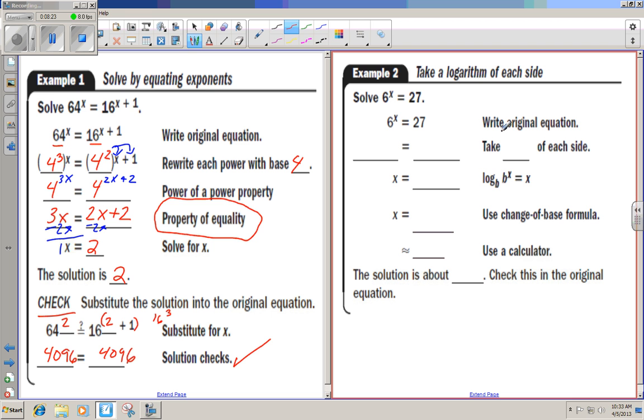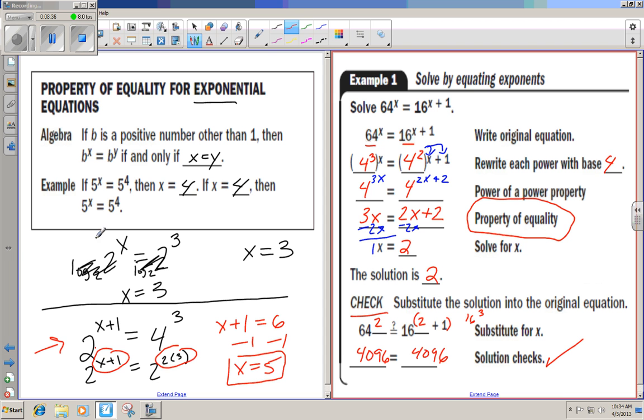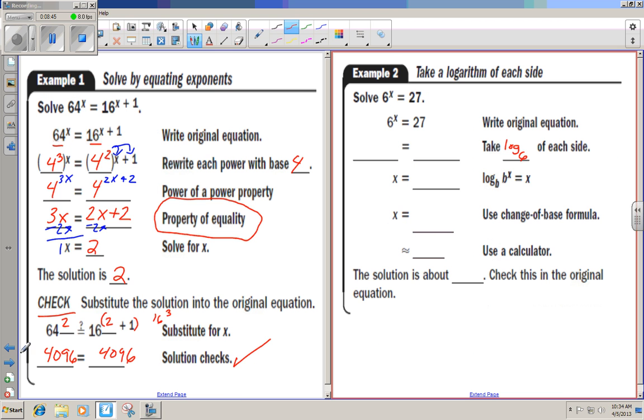Write the original equation, and then you need to take the log with a base of 6, because as I said earlier in the video, what undoes an exponential of base 2? Well, a log base 2. They are inverse operations. So what undoes an exponential base 6?